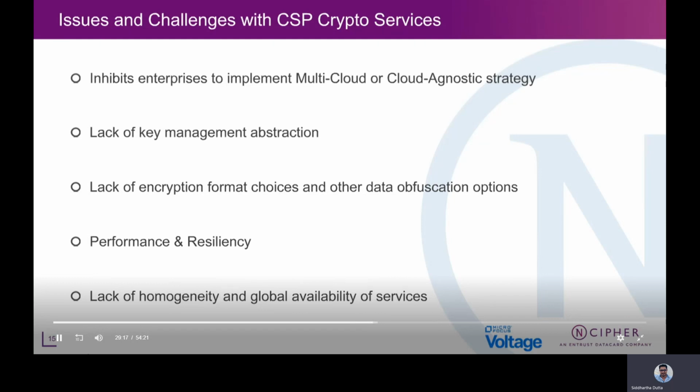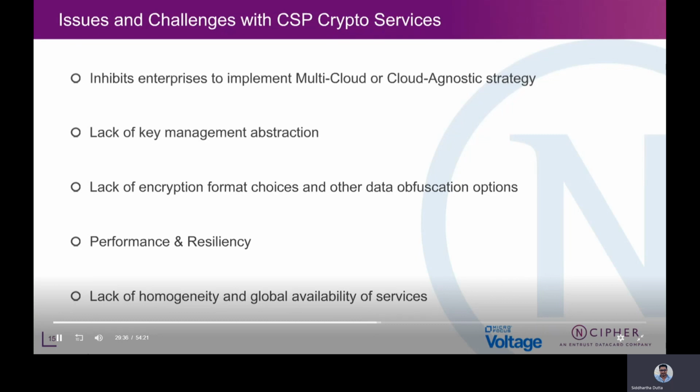There's not much sophistication in terms of how FPE can be offered. Plus, you don't see any tokenization solution. So it's very rudimentary, I would say, in terms of what choices you have for data protection.